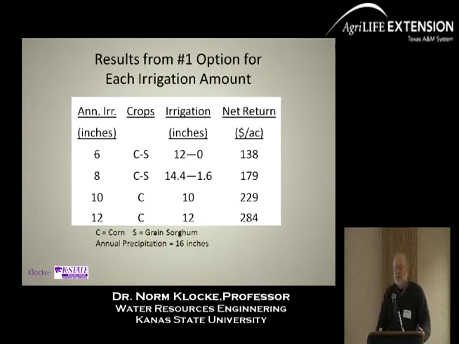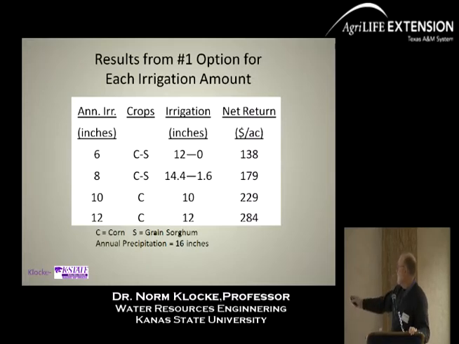Now let's take that top option and try to examine it just a little bit more. And we're talking here about if you have more irrigation available to you than the 6 inch, still 16 inches of rainfall, you're able to add more irrigation to see how things change. So number one option was the top line, start adding irrigation on.